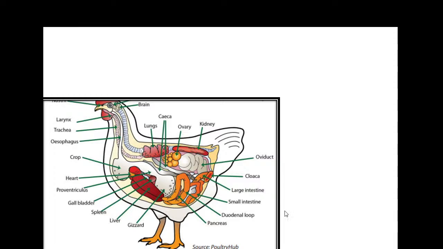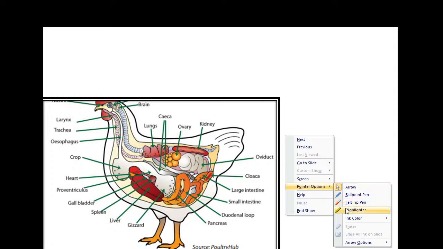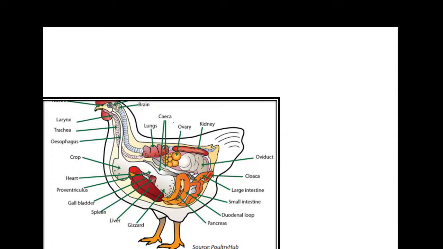Then this is the region which we are going to focus on. Here you can see the ovary, where the development of the ovum takes place. This is the location where the reproductive system of a hen is found.